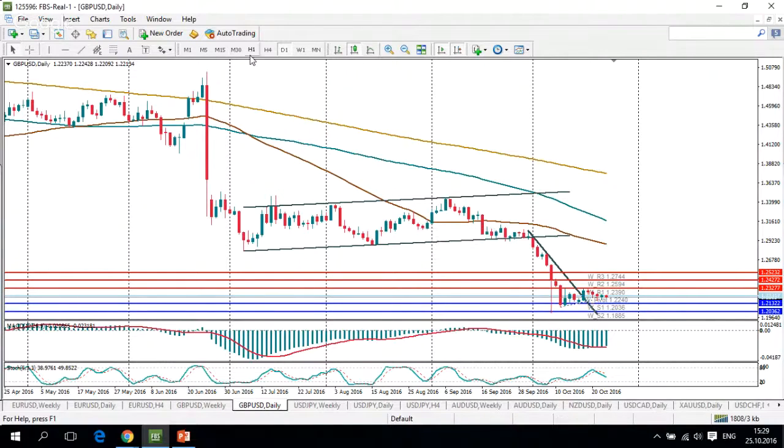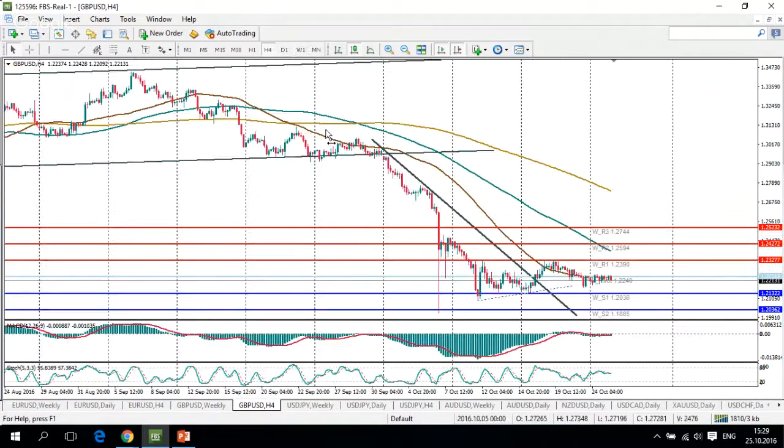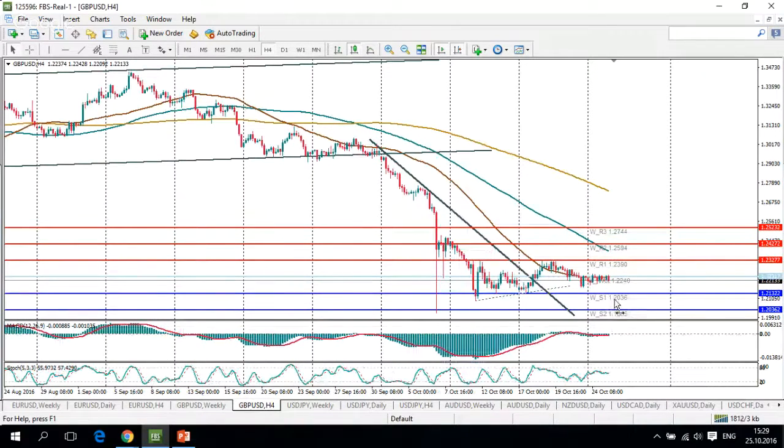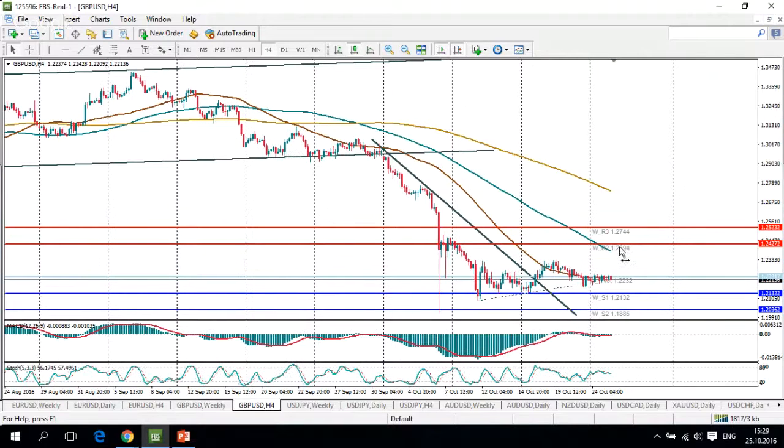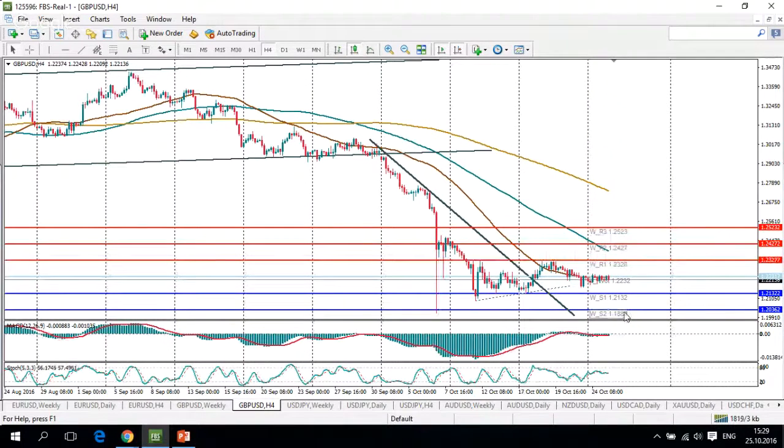We have these ranges of the pair between... Just a minute. Just as we have done with the euro, I delete the levels and the new, renewed levels of the indicator appear.